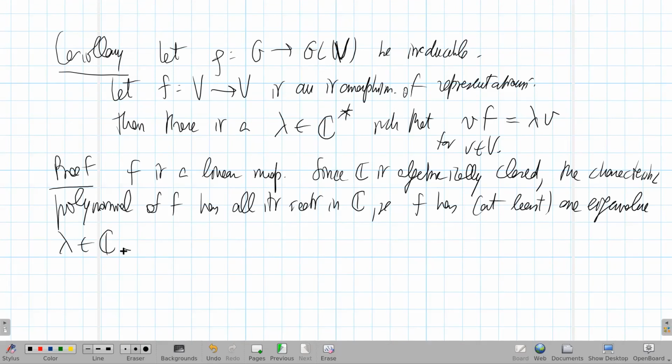Now note, we have assumed that F is an isomorphism of representations, but let's first consider the fact that it is a morphism.